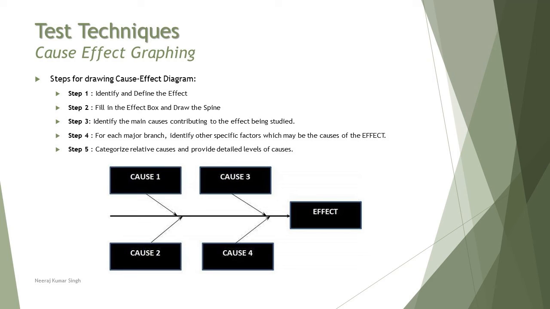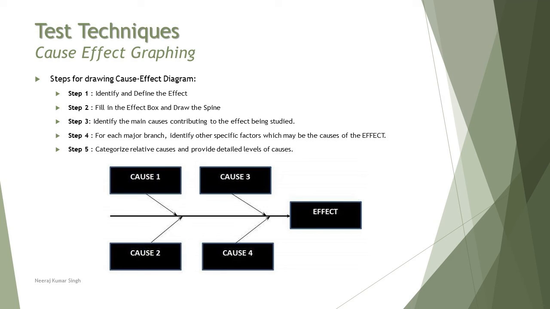Now this slide is all about the steps involved in preparing a cause-effect diagram. Step 1, identify and define the effect. First of all, what is the outcome? The resultant should be identified. Step 2, fill in the effect box and draw the spine, so you draw the fishbone structure.